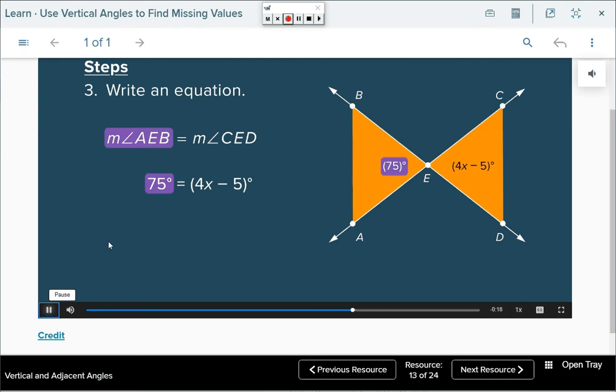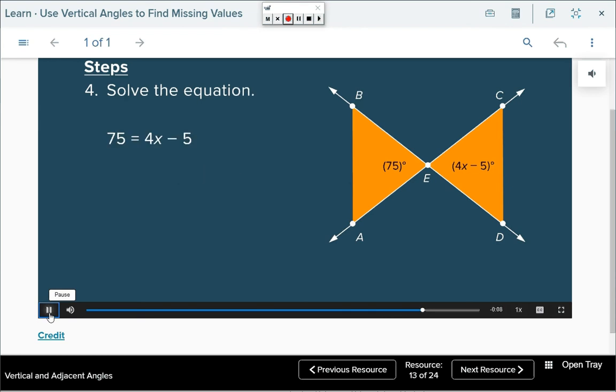The measure of angle AEB is 75 degrees. The measure of angle CED is given by the expression 4x minus 5. The last step is to solve the equation. Now, they might do this a little bit differently than what I've showed you. They're not going to mention the box, but what would go in the box here? The 4x, and then I would have what outside that box? A minus 5.